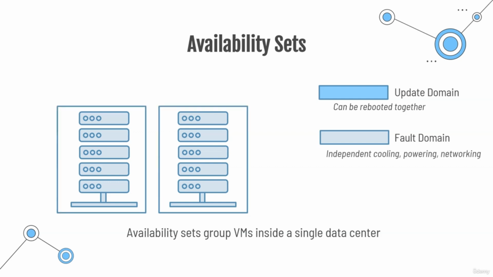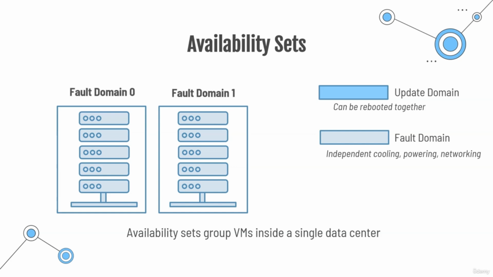And the fault domains protect against unplanned downtime. For example, if we have a power outage or some networking failure, in this case, we have these fault domains which have independent cooling, powering, and networking. So that if one is going down, we still have maybe another virtual machine in another fault domain.